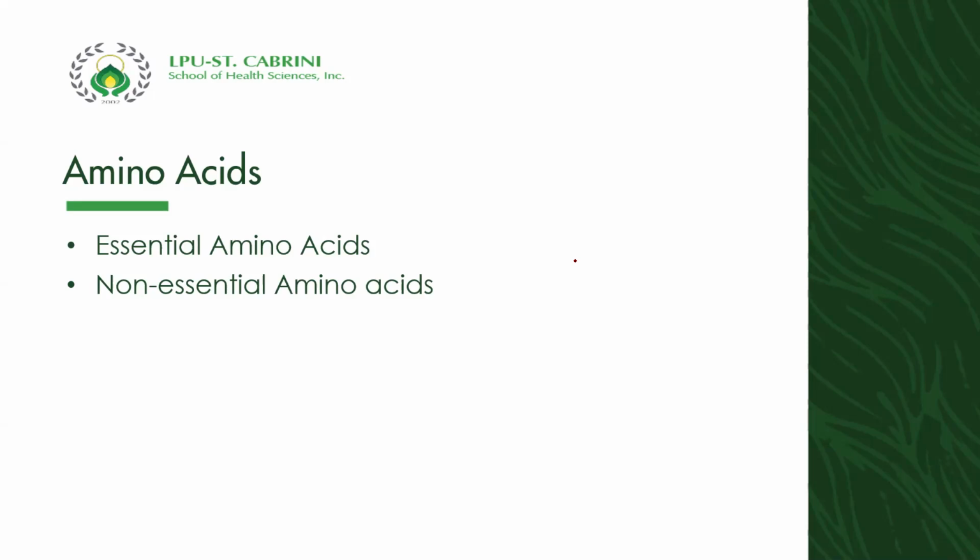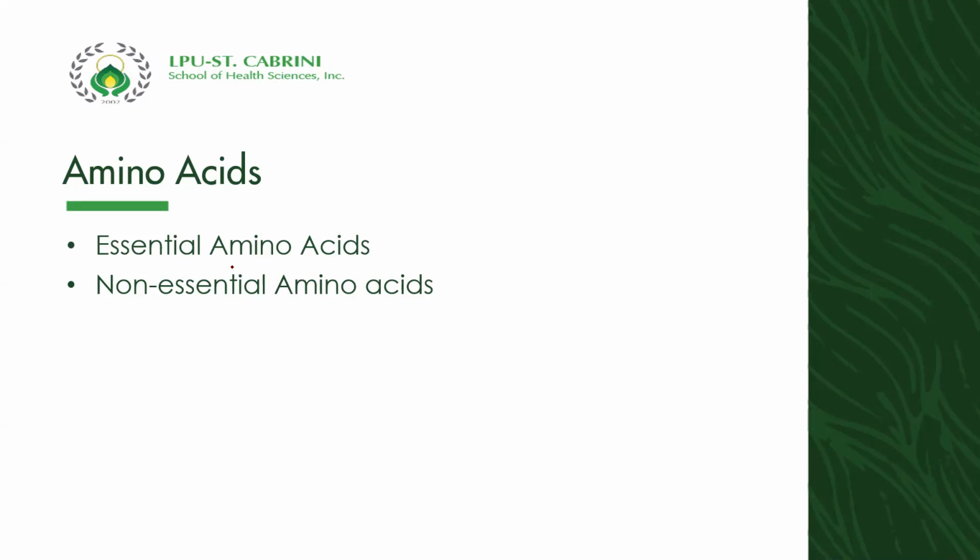Non-essential amino acids are produced from essential ones. Therefore, if there is a deficiency in our essential amino acids, it leads to a deficiency also in our non-essential amino acids.